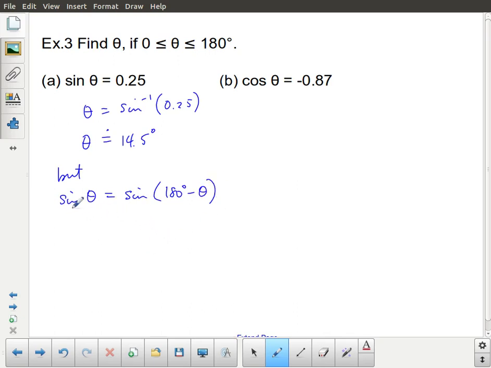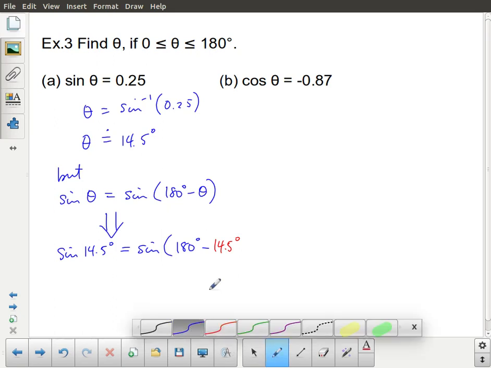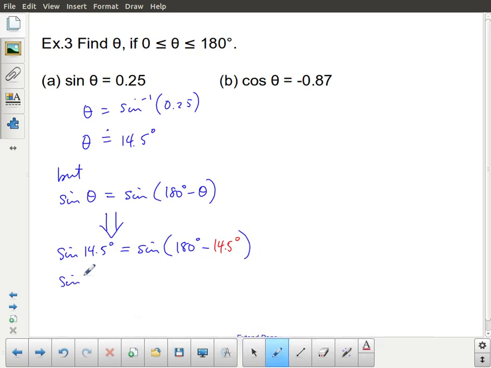And so that raises an interesting question: if the sine of theta is equal to the sine of 180 minus theta, the implication is that the sine of 14.5 degrees is the same as the sine of 180 degrees minus 14.5 degrees. And so the sine of 14.5 degrees must be equal to the sine of, and what's that going to be, 165.5 degrees?